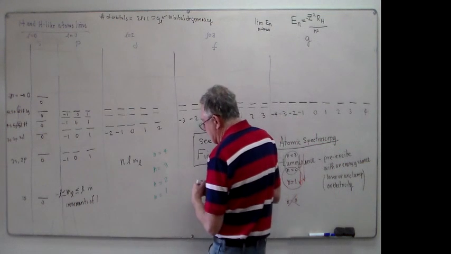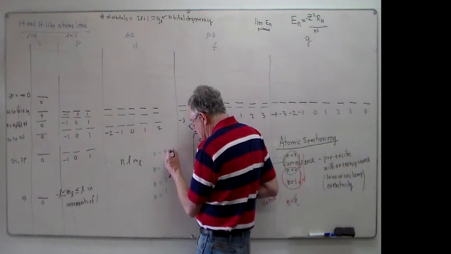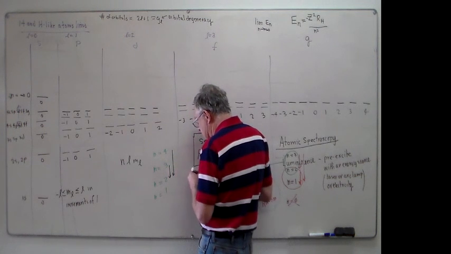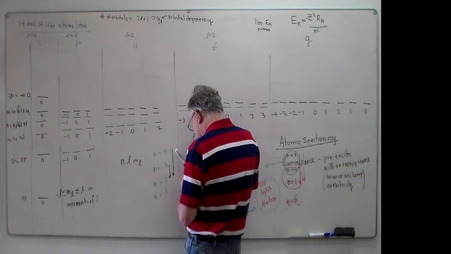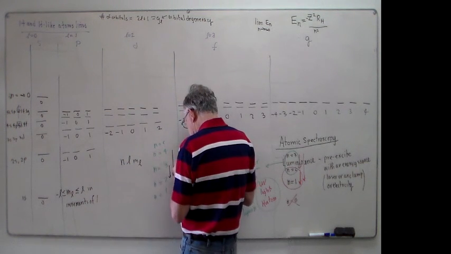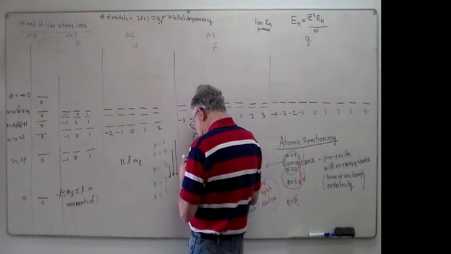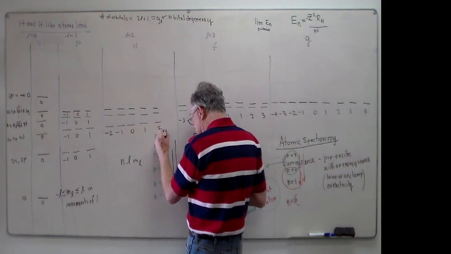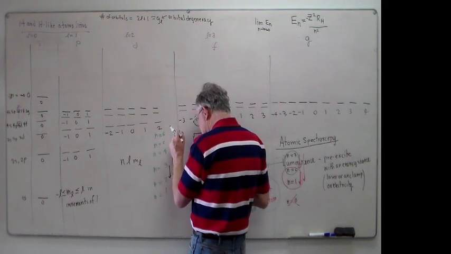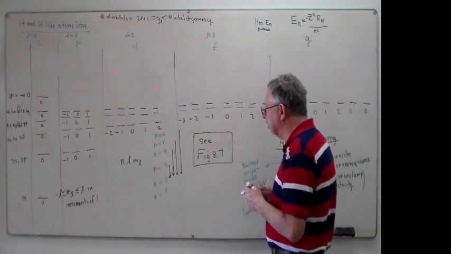So I'm not going to ever terminate on 1. I'm going to do 3 to 2, 4 to 2, I'm going to do 5 to 2, and possibly 6 to 2. The longer the line, the more the energy.